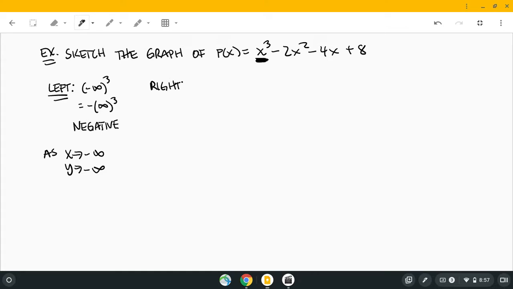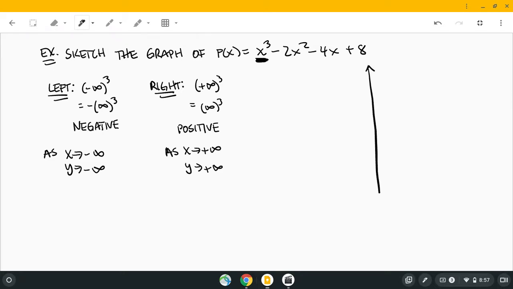Right-hand behavior: x goes towards positive infinity, and positive to the third power is still positive, so we get a positive result. As x goes towards positive infinity, y goes towards positive infinity. So far we know that on the left-hand side it will fall, and on the right-hand side it will go up.